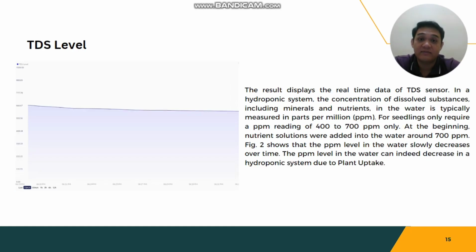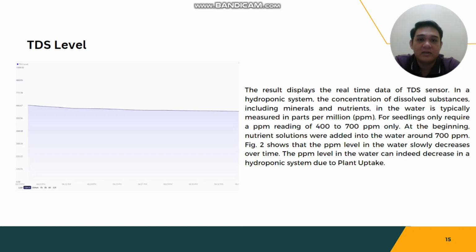Next is the TDS level. The result also displays the real-time data of the TDS sensor. The concentration of dissolved substances, including minerals and nutrients in the water, is typically measured in parts per million, which is ppm. Seedlings only require a ppm reading of 400 to 700 ppm. For our seedling, which is water spinach, we use 400 to 600.